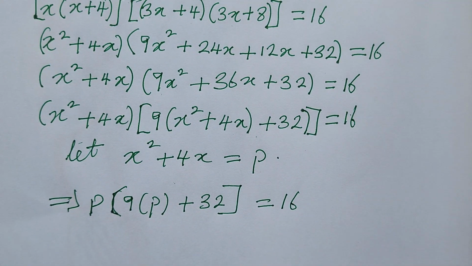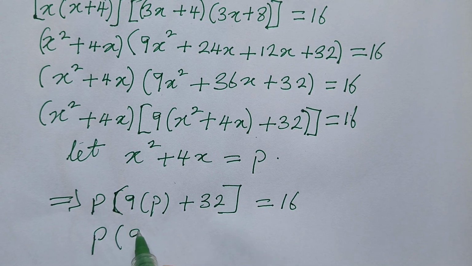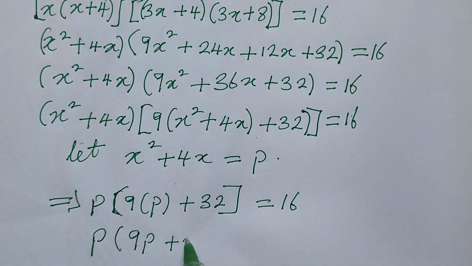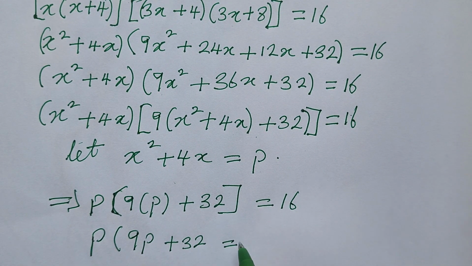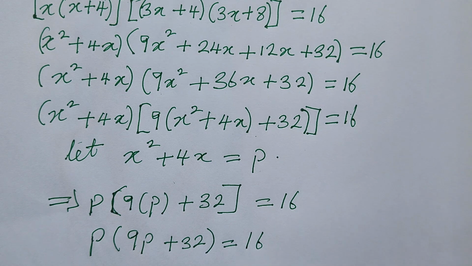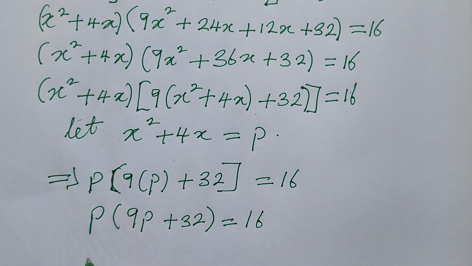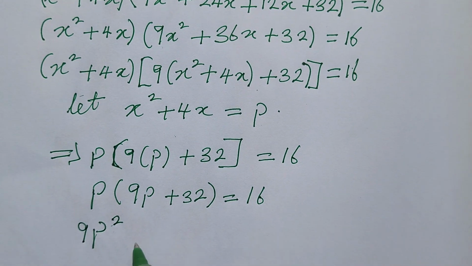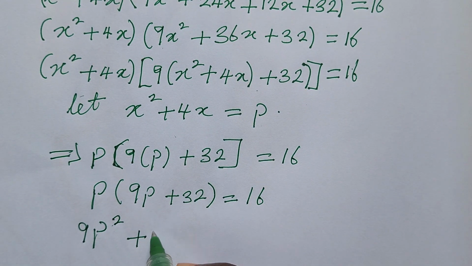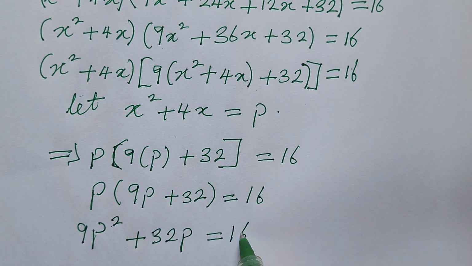So we can open this up. If we open this up, we're going to have p times 9p plus 32, equal to 16. We end up having 9p² plus 32p equal to 16.